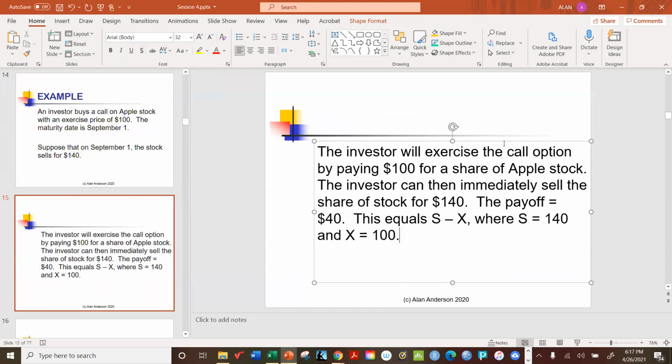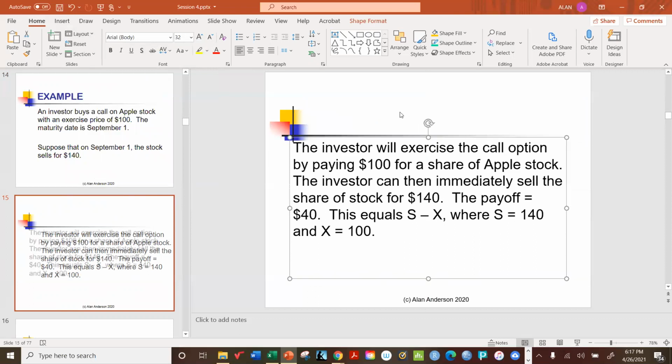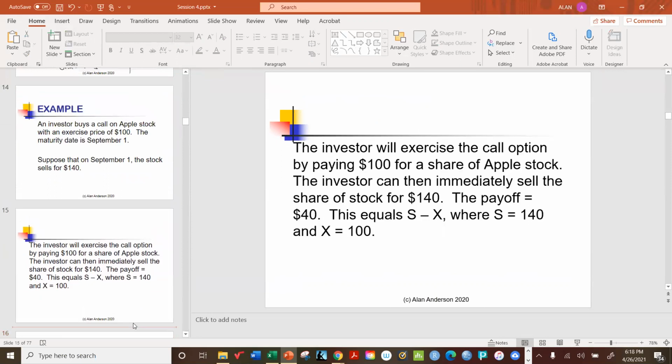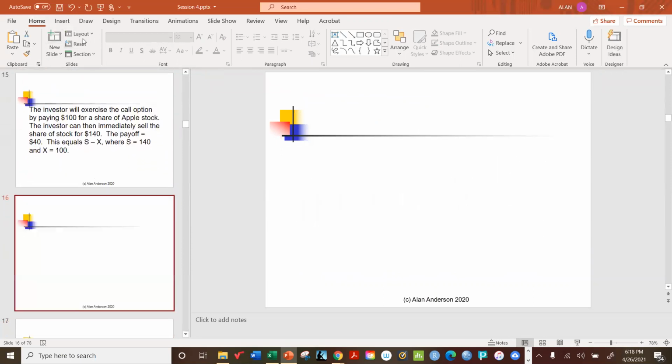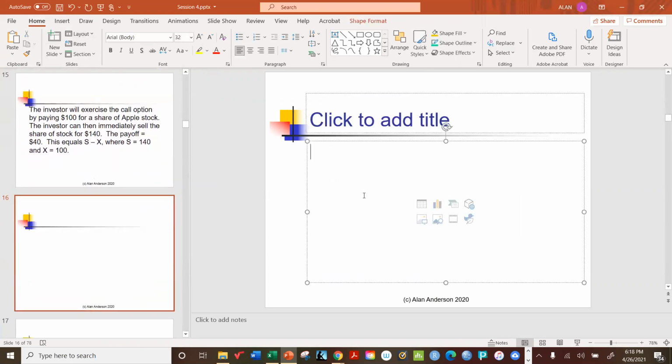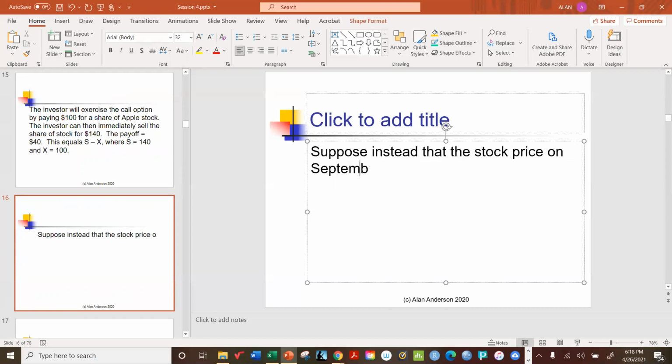All right, now what if this didn't happen? Suppose that instead the stock price on September 1st was $90.